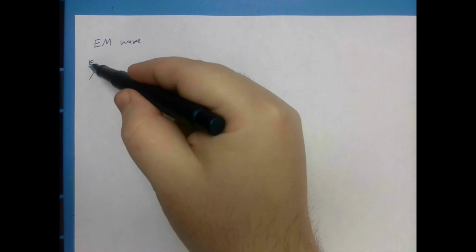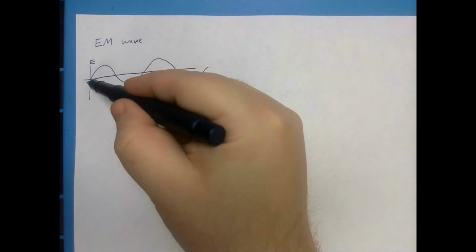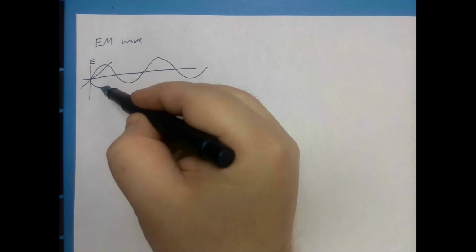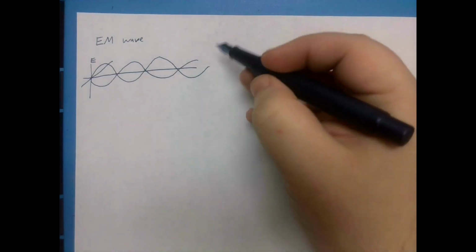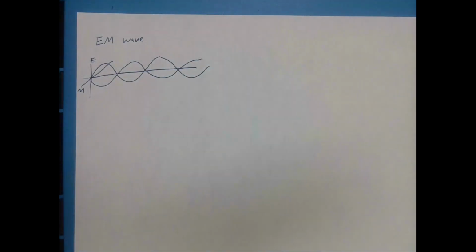And in three-dimensional space, we also have a 90-degree angle. It's hard to draw the magnetic field. So we'll learn this later on.